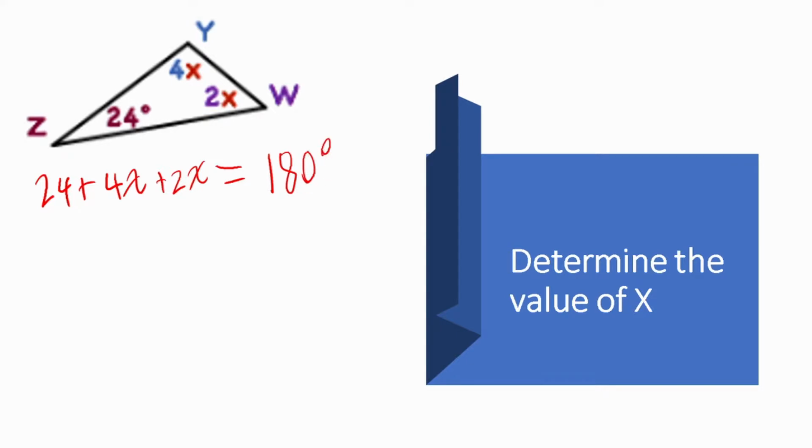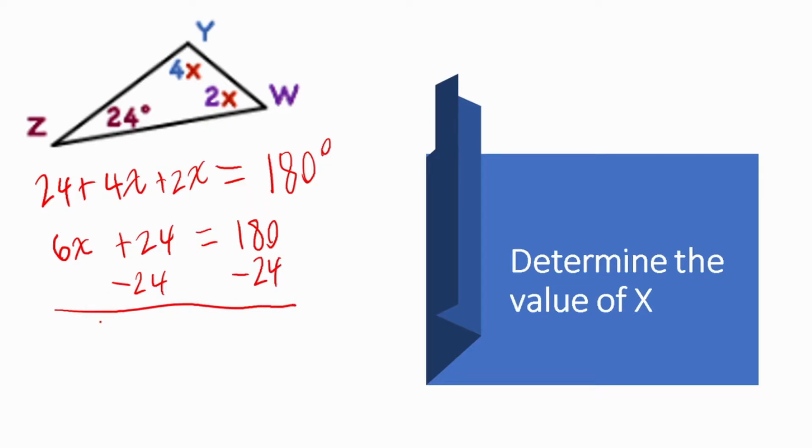of 180. So then what we could do is combine our like terms, and I'm going to move it to the front, 6x plus 24 equals 180. And then all we have to do is solve for x. So we subtract 24 on both sides, and we're left with 6x equals 156.